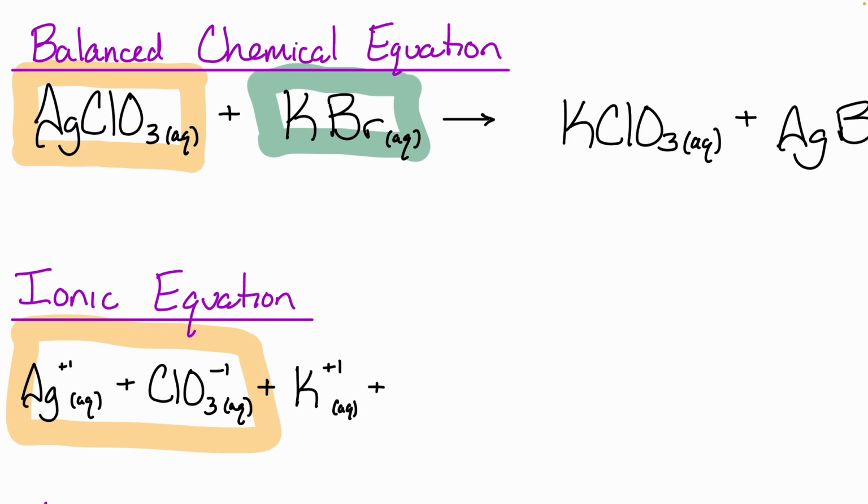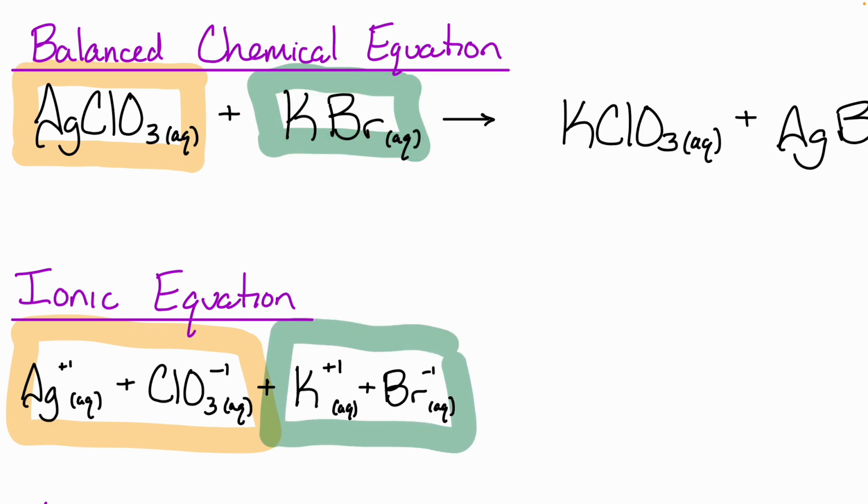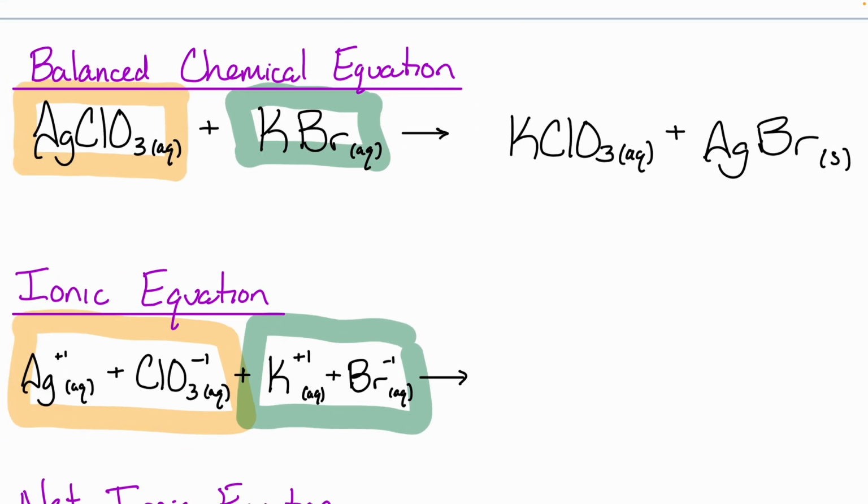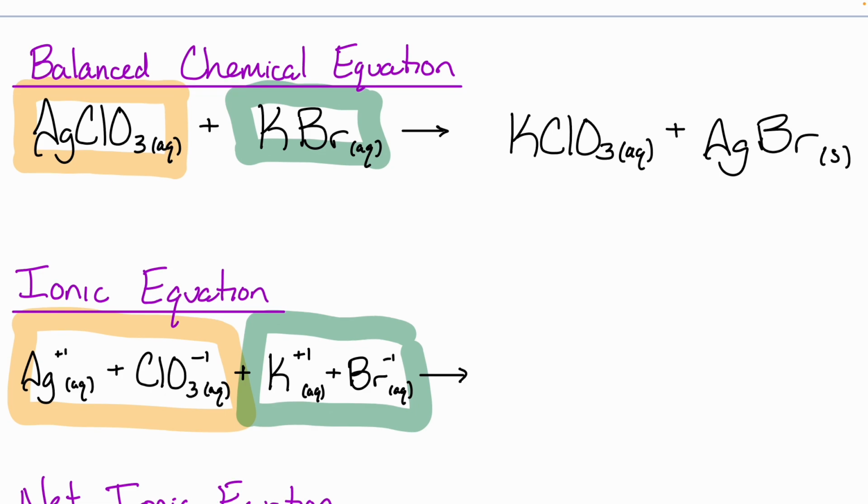All right, so now we've got a potassium ion and a bromide ion. So I took my KBr from my balanced chemical equation and broke it up into potassium ions and bromide ions. Now we're going to draw a reaction arrow and jump to the other side of our chemical equation. This potassium chlorate, am I going to break it up? And how do I know I'm going to break it up? Because it's AQ.